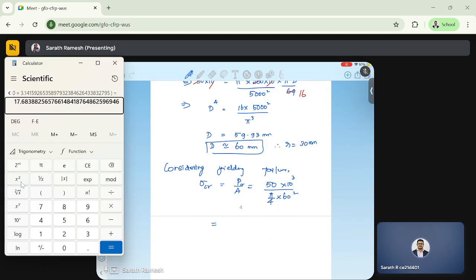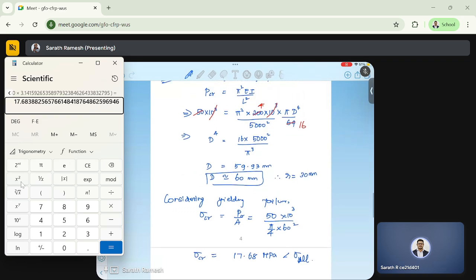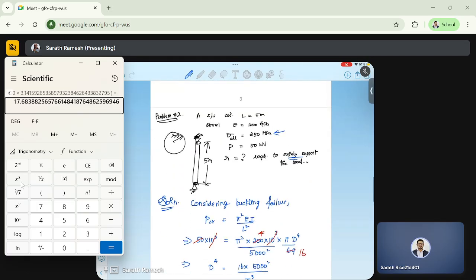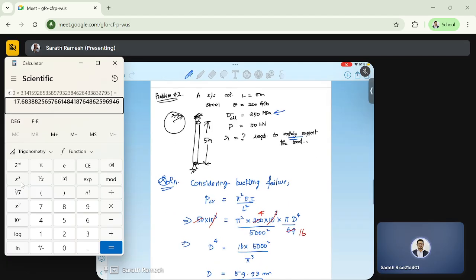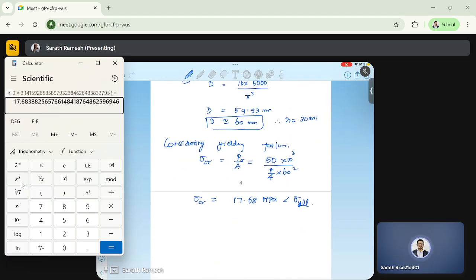So it's only 17.68 megapascal, which is actually less than sigma allowable, right? So it's fine. So here the buckling is going to govern and hence it's safe. So the safe diameter or the radius required to support this particular load is 30 mm radius, okay, or 60 mm diameter.